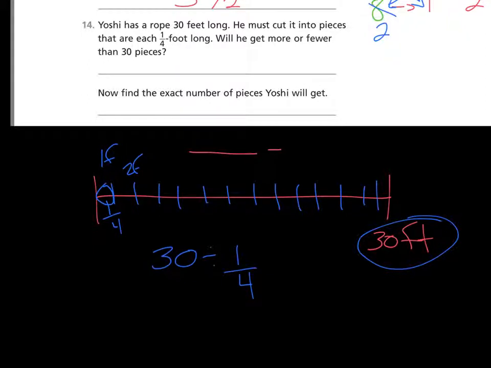So if I broke my piece of rope into 30 1-foot pieces, and this is what that foot looked like, I would then have to break that into 4 equal pieces just to make 1/4 of a foot.